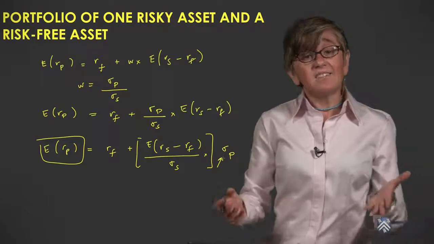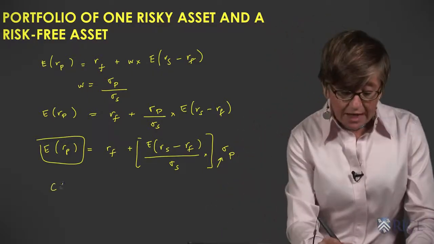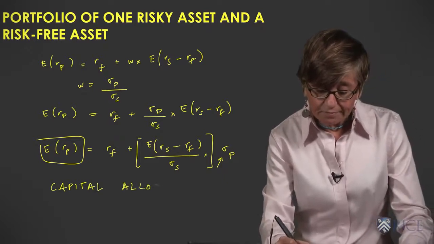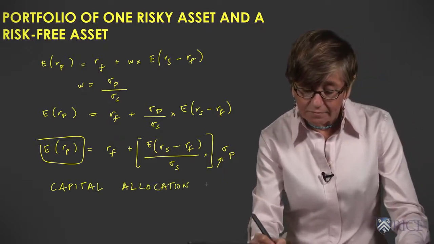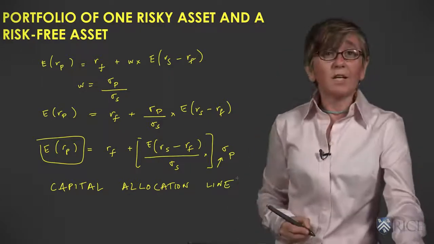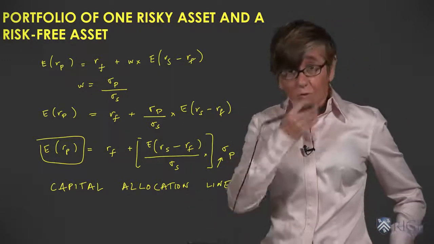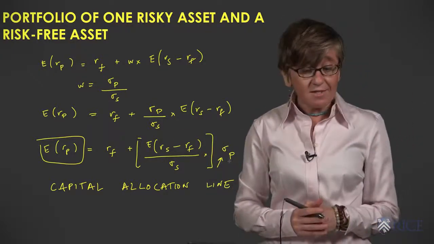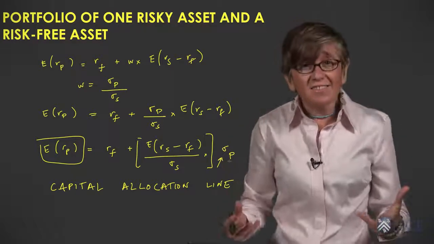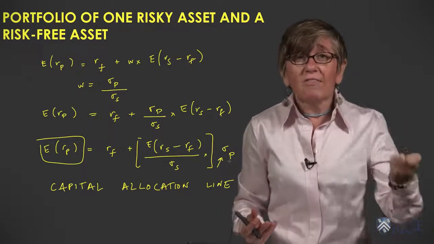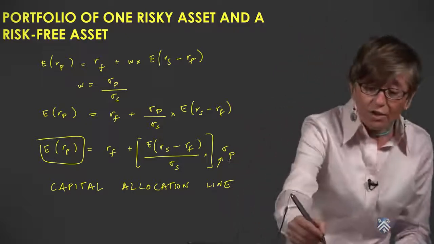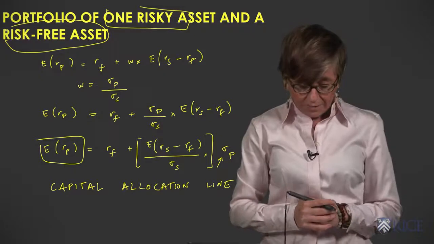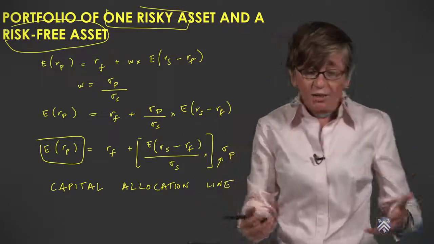And in fact, this is what we call the capital allocation line. So it's a line that we can draw in the mean variance, in the expected return volatility space. And it tells us all the risk and return combinations we can create from using this risky asset and a risk-free asset. And the intuition is, look at the intuition.